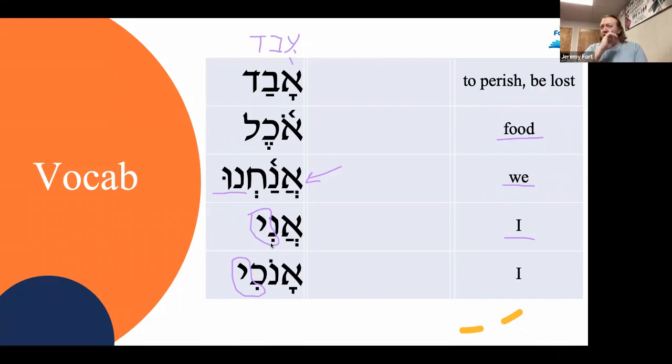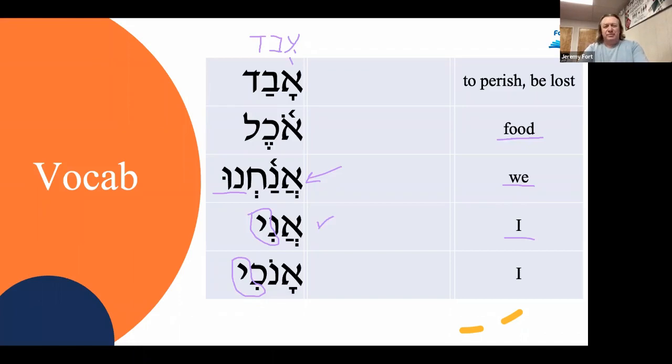So believe it or not, these pronouns kind of line up a bit with the endings on the words. But these are important to learn because sometimes you might see something that says, Ani Adonai, I am Yahweh. You get it into poetry and you might see Anochi Adonai, I am Yahweh, something like that. So it's important to kind of get some of those together.